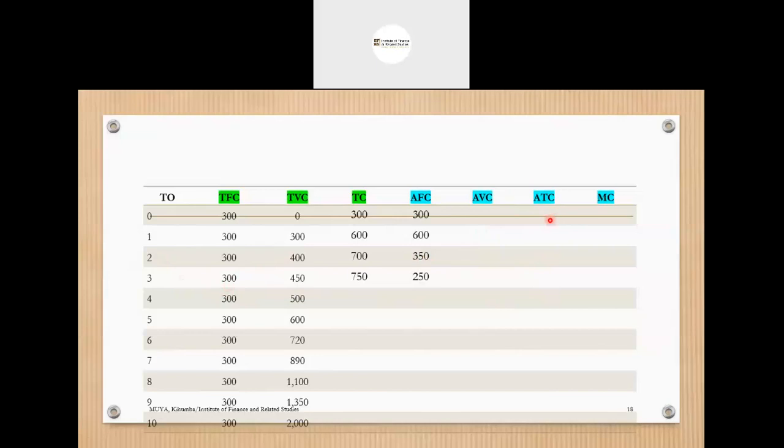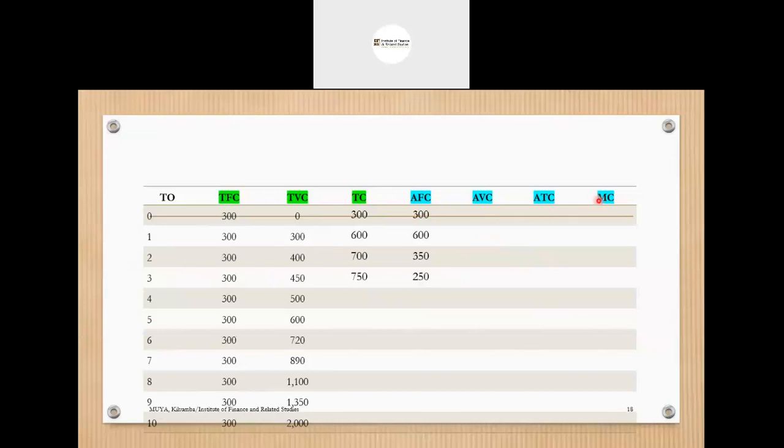Then average total cost: you either add average fixed cost and average variable cost, or you simply divide total cost by output level. So if you were to add, the average fixed cost is 300 and the average variable cost is 0, so this would be 300 plus 0, which is 300, and so forth.